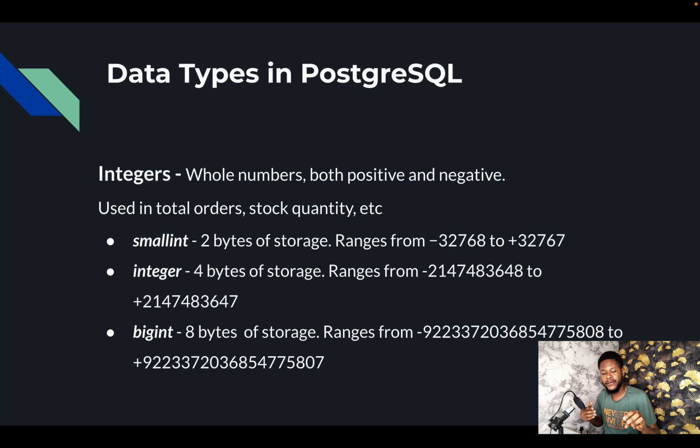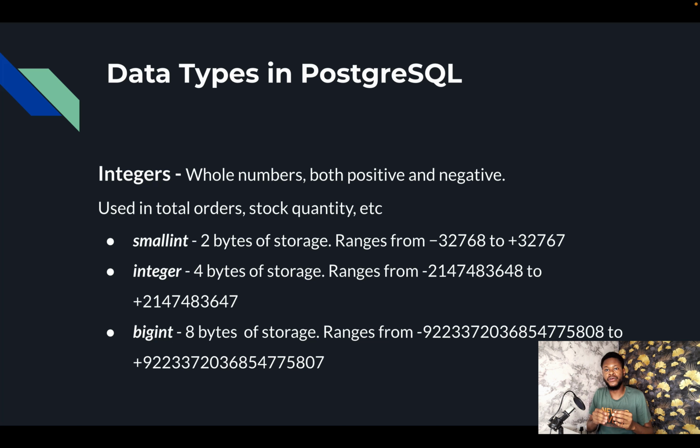So breaking it down, we have small int. Now you can see the size, the storage space it's going to consume. It takes about 2 bytes. It's consuming 2 bytes of storage, and it ranges from minus 32,768 to plus 32,767.